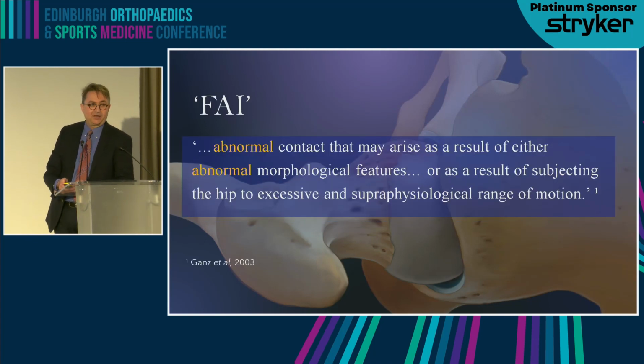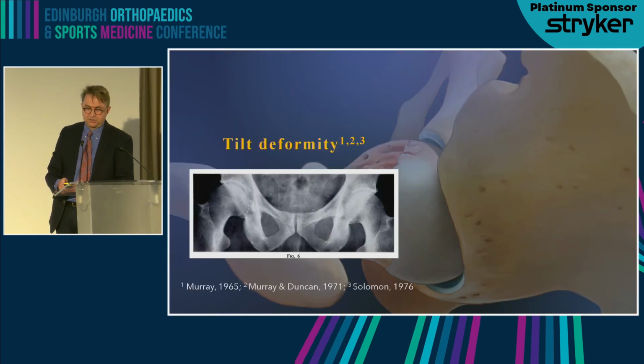The history of the term FAI is about 20 years old. Professor Ganz from Switzerland defined FAI as an abnormal contact that may arise as a result of either abnormal morphological features, and I colored abnormal there twice, or as a result of subjecting the hip to excessive and supraphysiological range of motion.